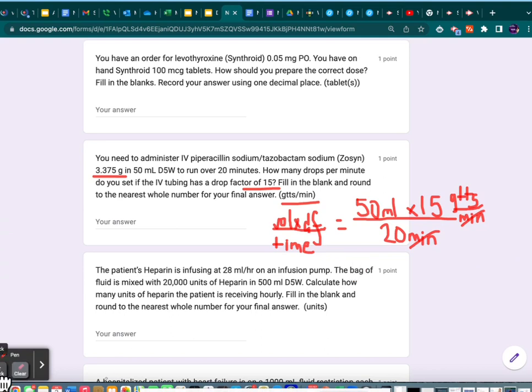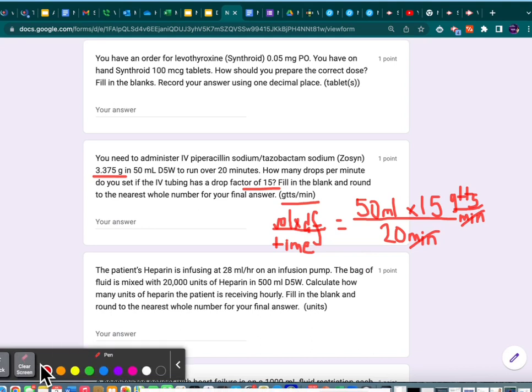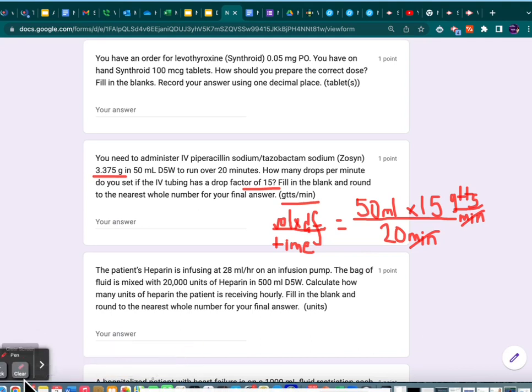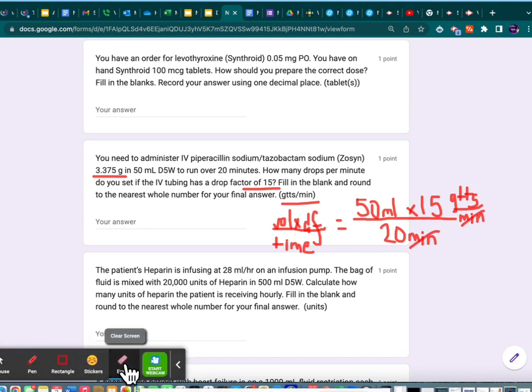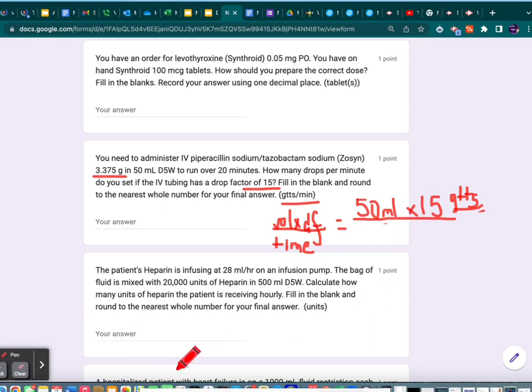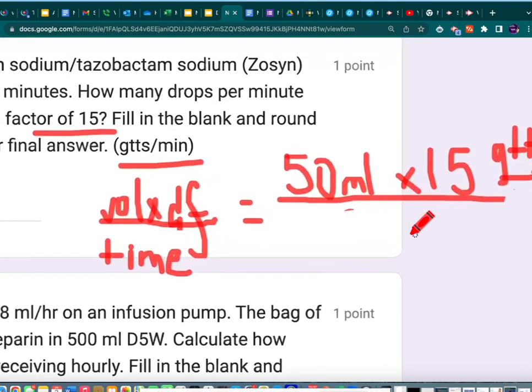All right, let me clear that because I don't want the confusion there, and I think I should be able to use the eraser to clear what exactly I need to. We'll fix this up here. All right. Remember, this is to run over 20 minutes.